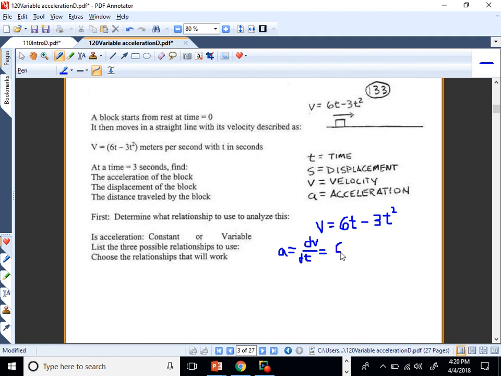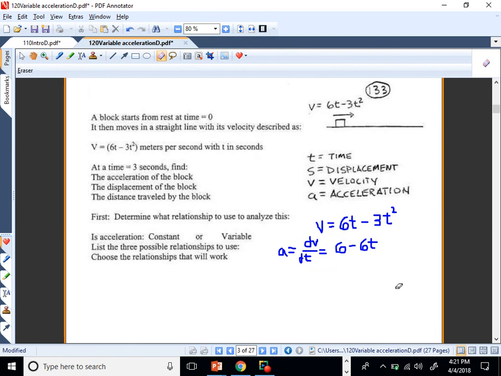I think what we're going to come up with is 6 minus 6t. So I'd start by figuring out what the acceleration is, and it's 6 minus 6t. I'm just doing a simple derivative to get that one figured out, and that's a dt on the bottom. Like I said, I'm having some trouble with my pen right now.